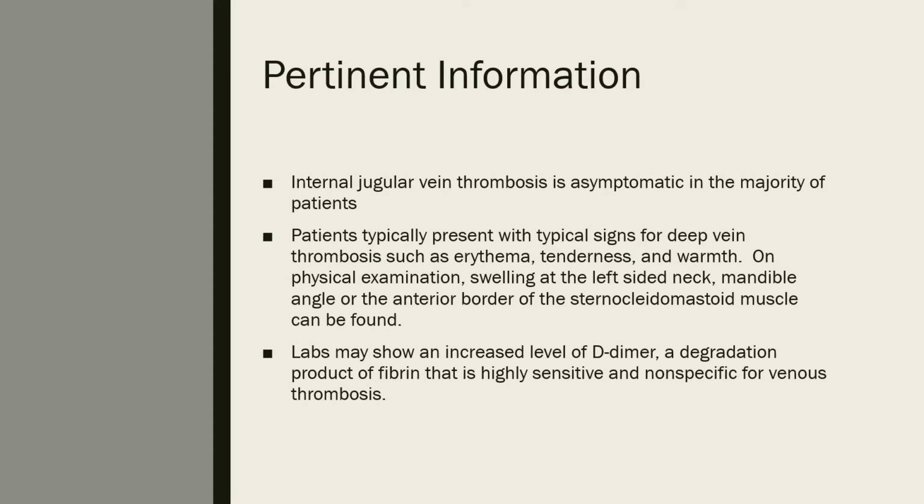So pertinent information, internal jugular vein thrombosis is asymptomatic in the majority of patients. Patients typically present with typical signs for deep vein thrombosis, such as erythema, tenderness, and warmth. And on physical examination, swelling at the left-sided neck, mandible angle, or the anterior border of the sternocleidomastoid muscle can be found.